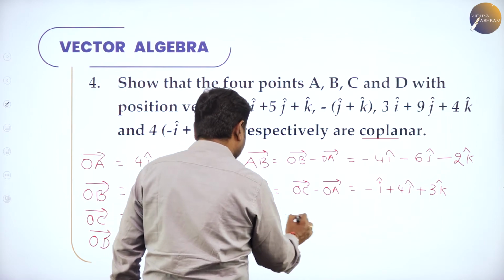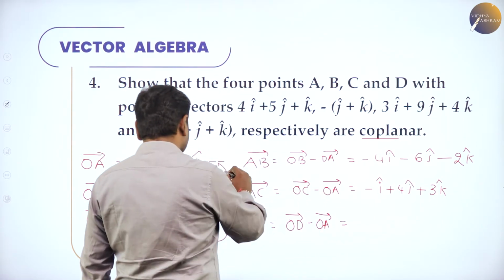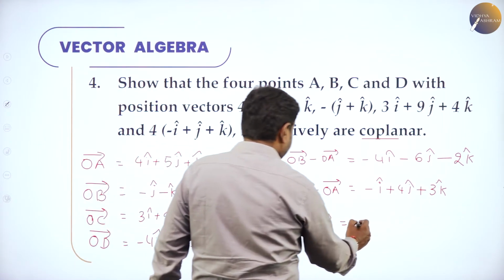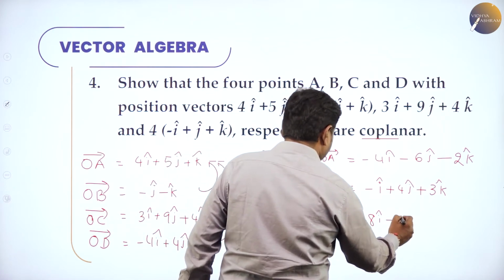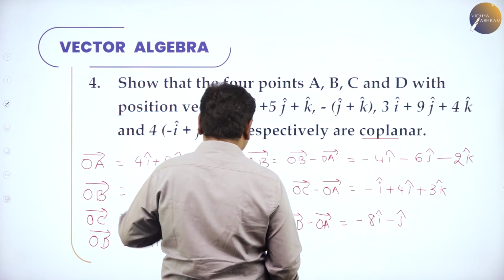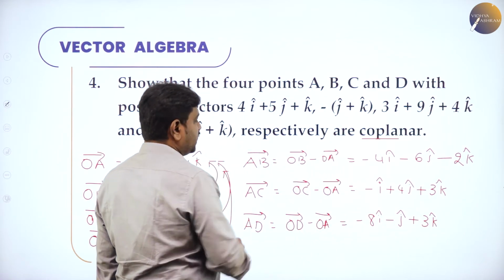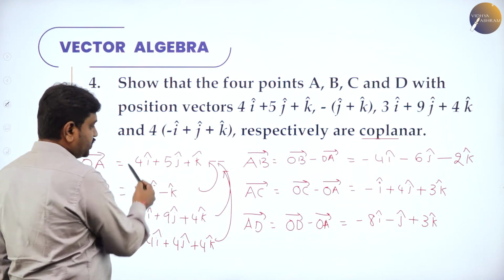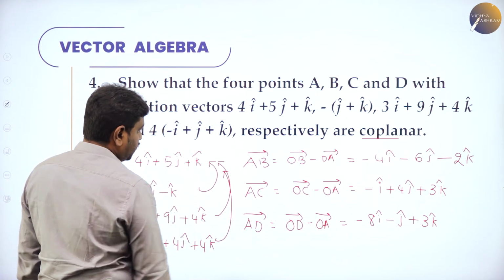OD minus OA. So minus 4 minus 4 is minus 8i cap, 4 minus 5 is minus j cap, 4 minus 1 is 3k cap. So now you got AB, AC, AD.